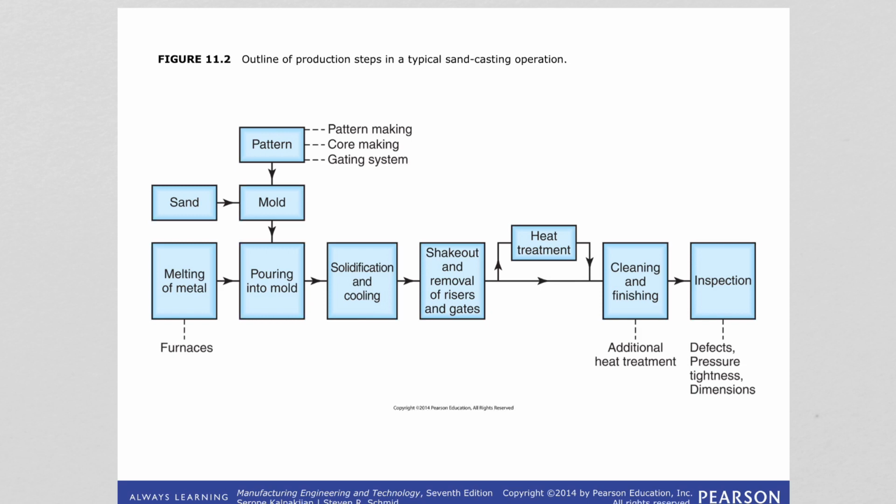So cleaning and finishing, and maybe additional heat treatment might be necessary. And then of course, at the last stage, we need to inspect for the presence of defects or other dimensional errors. So the last stage is the inspection.